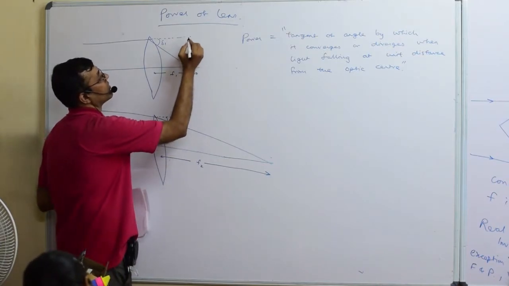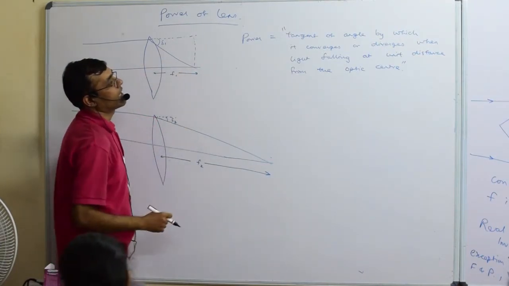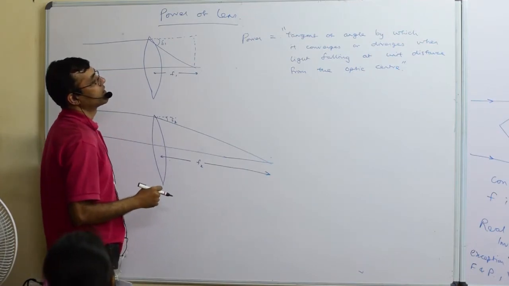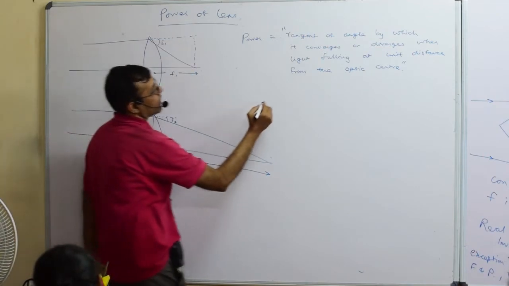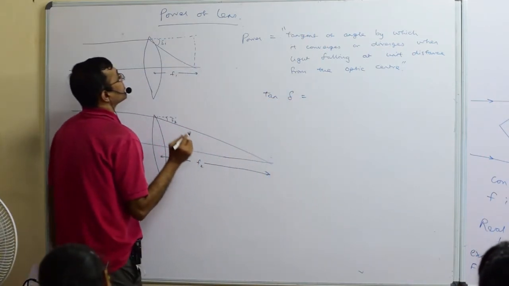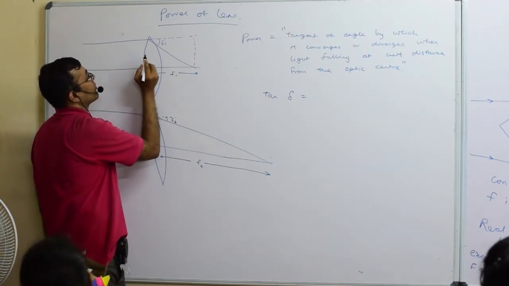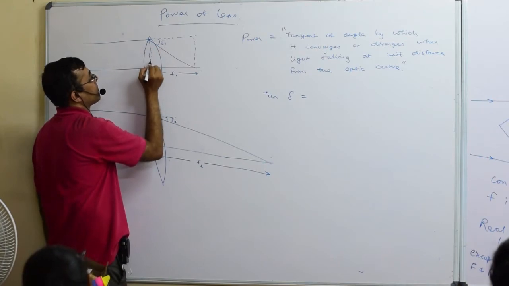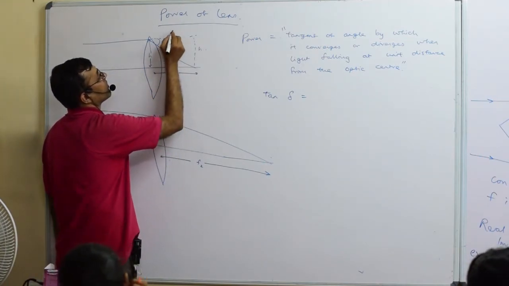So listen here. If I make this into a triangle, we are saying tangent of angle by which it converges or diverges. This is a converging thing. So tan del is equal to, I am going to call this height h. So let's call this h. This is h, this is also h. This is f.